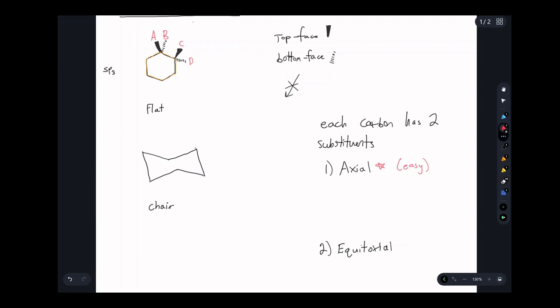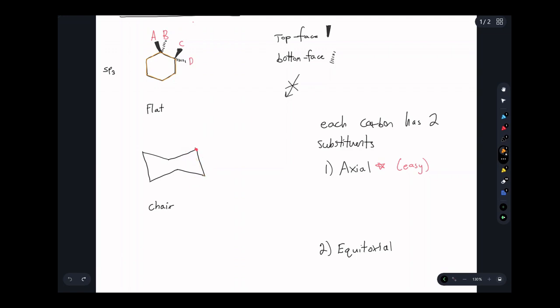Now, earlier I mentioned that with a chair, we can see that each carbon alternates going up and down. So for example, if we look at this carbon, we see that the bonds are drawn upwards towards that carbon. But then if we look at the next carbon here, we see that the bonds are drawn downwards here. So what does that mean for us?